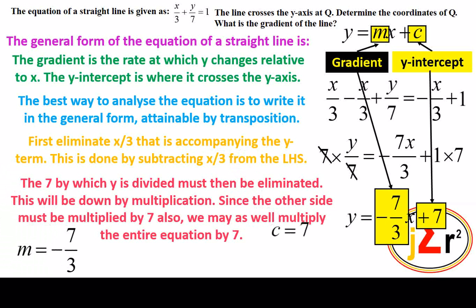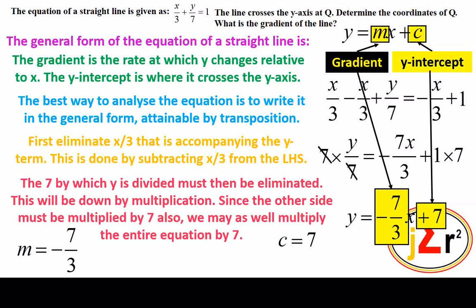So m is negative 7 over 3, which is your gradient, which is a requirement of the statement of the problem, and the y-intercept, which is given in the statement of the problem as q, is 7.